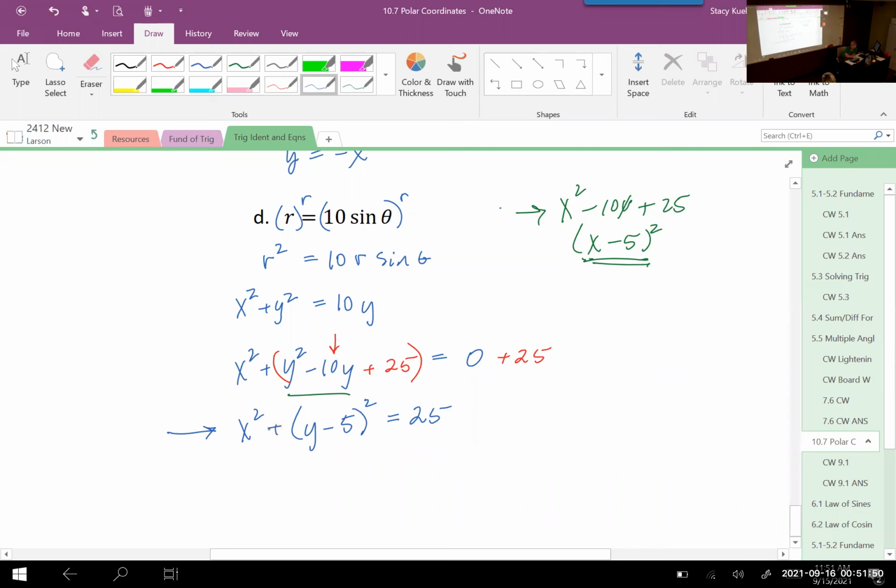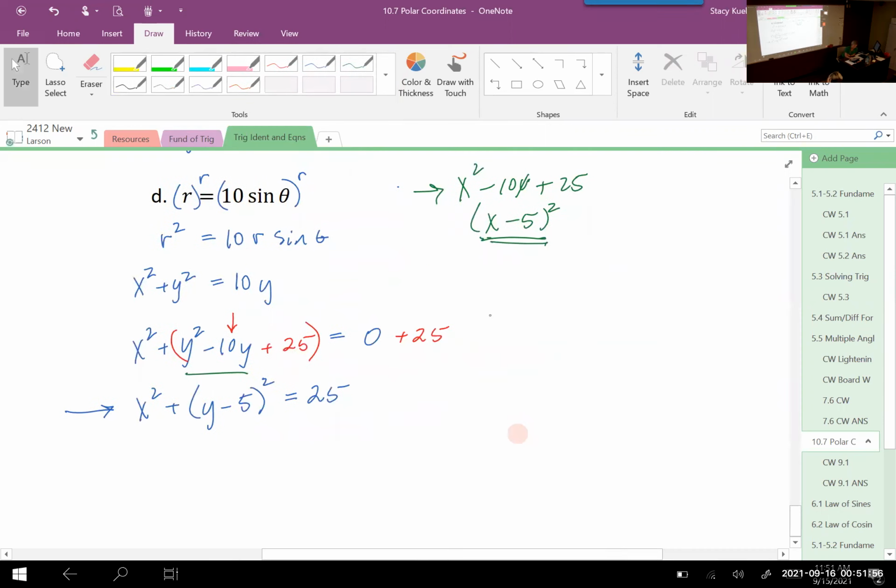When we completed the square, let's remember what we do. We took -10 and divided it by 2, which was -5, that we then squared, and that's how we got 25.